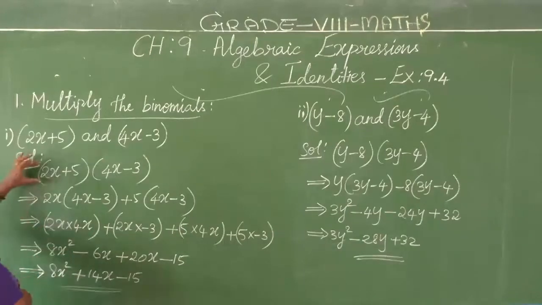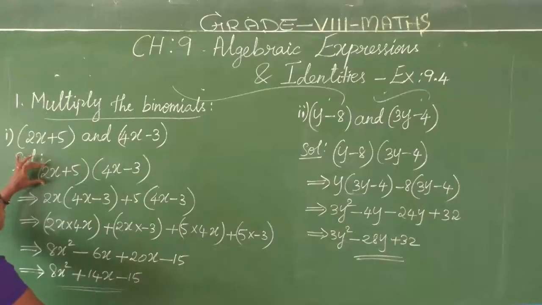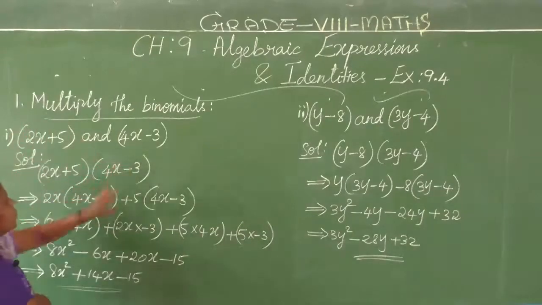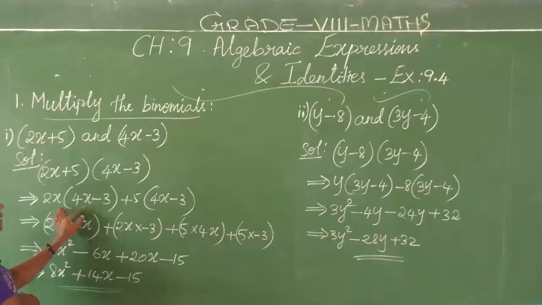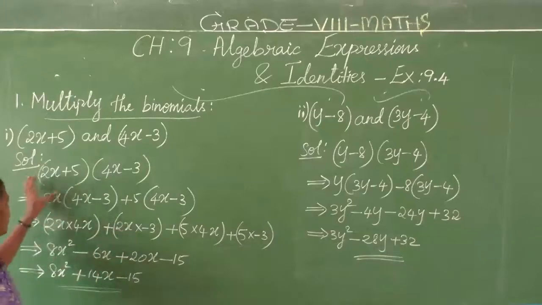First take this term in this binomial: 2x into 4x minus 3, plus 5 into 4x minus 3. Actually, we have to multiply these two binomials, and for that, step by step, we do the multiplication work.